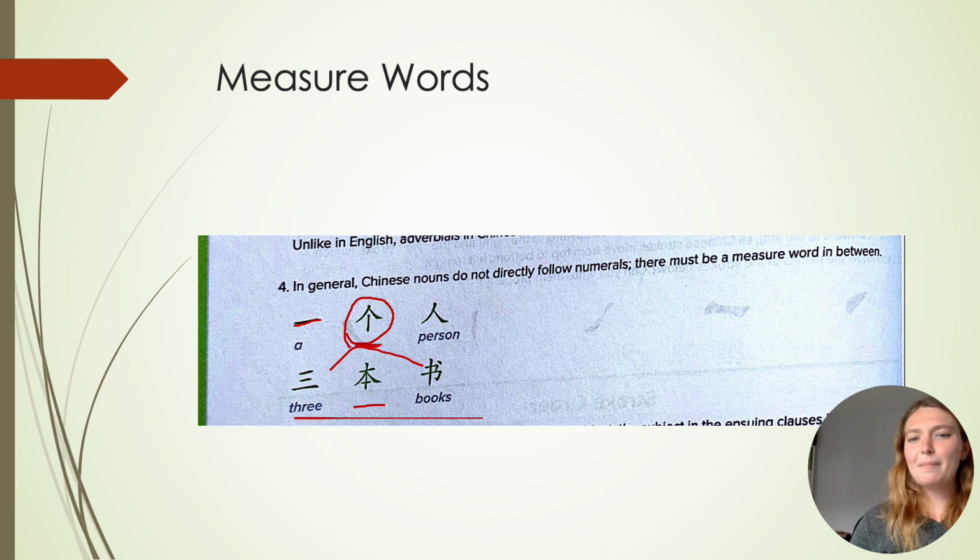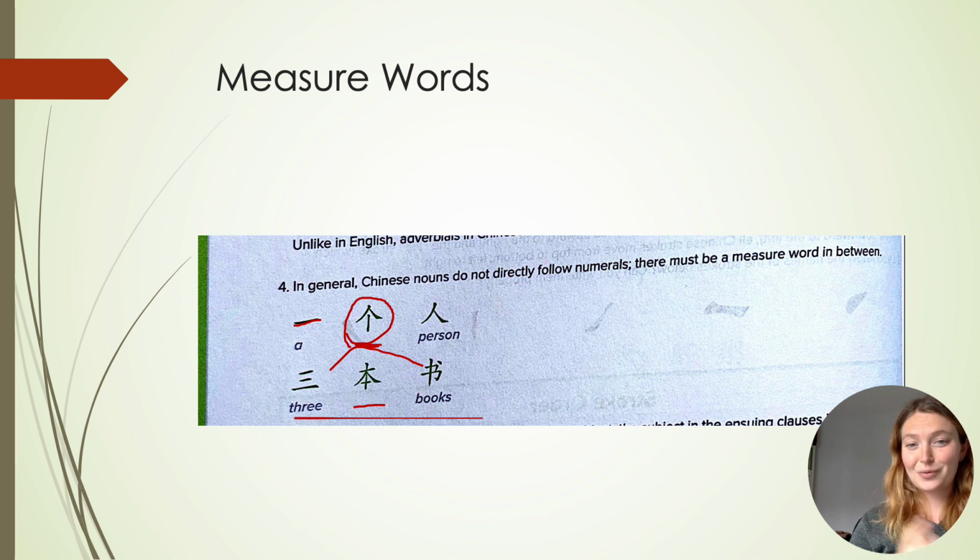So just remember that measure words exist. We'll go into this a little bit more. On the last page, I was using shirt. I said 一件衬衫 or 这件衬衫. This 件 shirt. This 件 is the measure word for certain articles of clothing. Or cat, I used 哪只猫. 只 is a measure word for small animals.